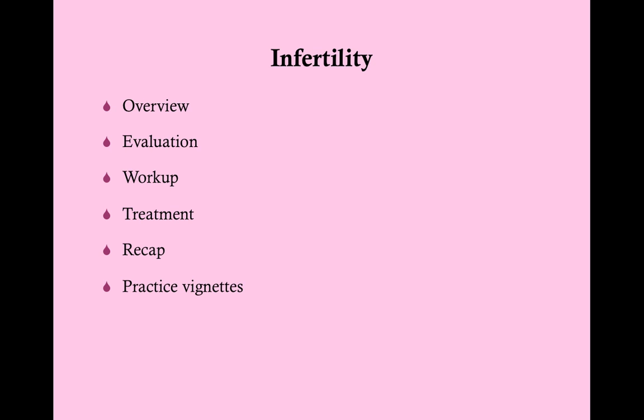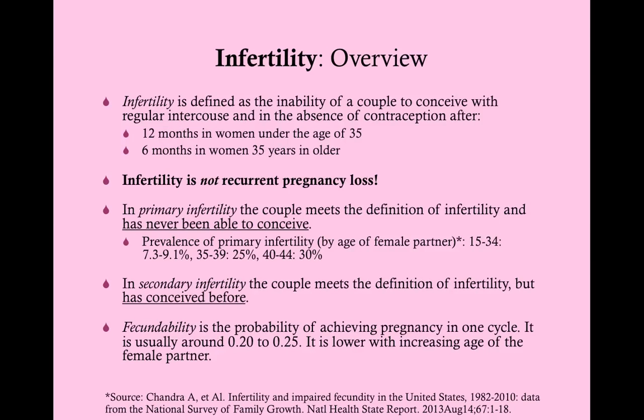We'll talk about the general workup, keeping in mind that your evaluation is going to give you some hints, but there are some general things that we do for everybody as part of the workup. We'll talk about the treatment, which of course is going to vary based on the suspected cause. And then we'll recap, and then I've got some practice vignettes to try to put this into perspective here. We have some sample USMLE style questions.